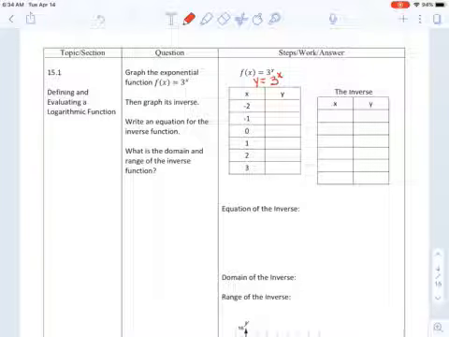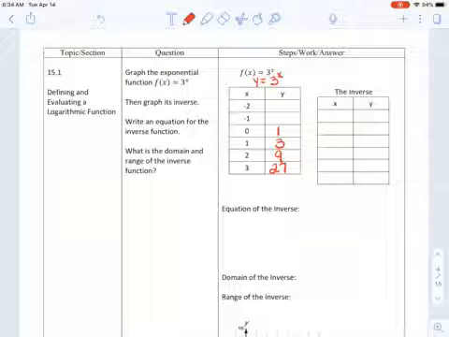And if I complete my chart, 3 to the 0 power is, of course, 1. 3 to the first power is 3. 3 to the second power is 9. And 3 cubed is 27 because we're multiplying by 3 each time.